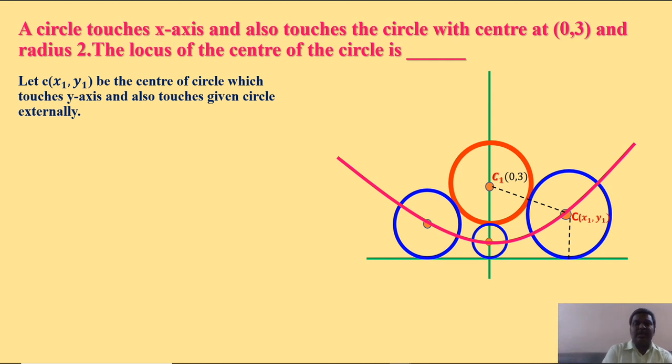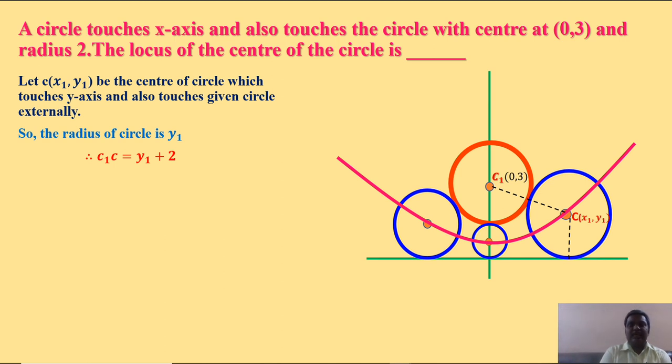Here C1C is equal to R1 plus R2. What is R1 here? 2, and R2 is equal to y1. So C1C is equal to y1 plus 2. The distance between the two centers is equal to the sum of the radii of the two circles when two circles touch each other externally.